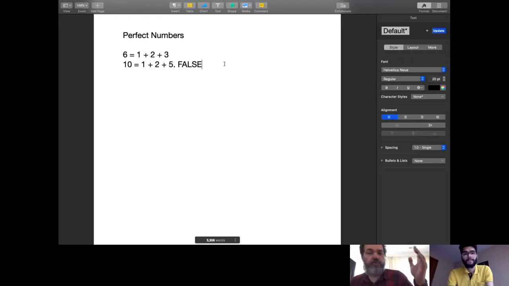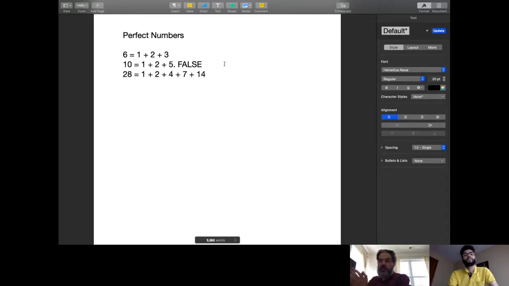If we check numbers from 1 to 100, we find that there is one more perfect number, and it was known to ancient Greek mathematicians at the time. And it's 28, exactly. This equals 1 plus 2 plus 4, and any other divisor, 7, yes, and 14.